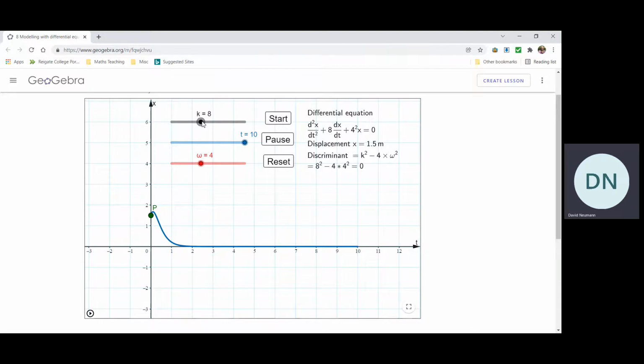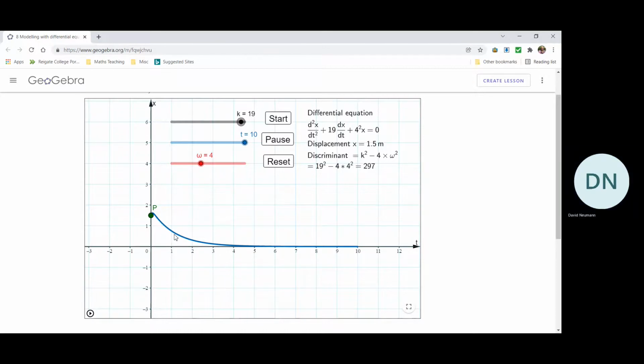Once we get to a positive discriminant, gradually it gets more and more damped. So it actually takes longer to get back to the center, and that is called over damping.